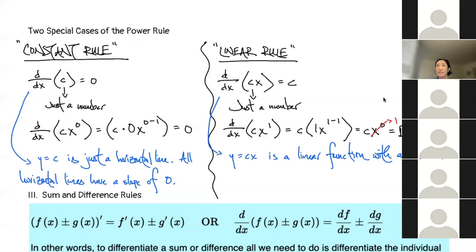Yeah, Joey, it's only c, right? The slope here is c. Therefore, the derivative of y equals cx is c.